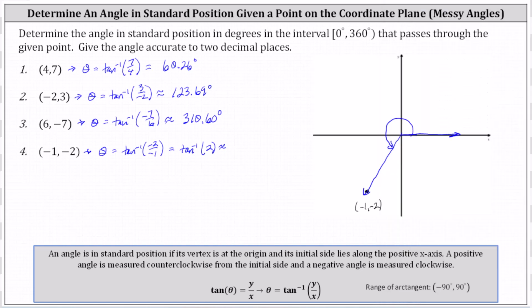So let's go ahead and sketch the reference angle, which indicates one way to determine the angle theta would be theta equals 180 degrees plus the reference angle of 63.43 degrees, which equals 243.43 degrees.